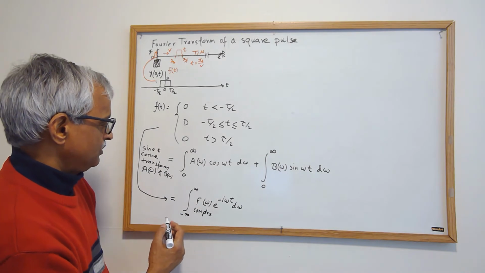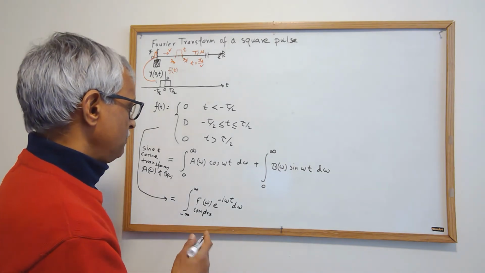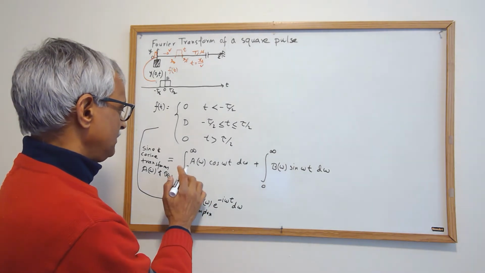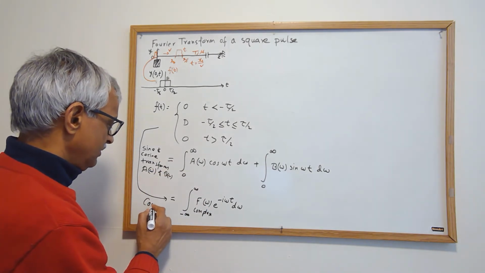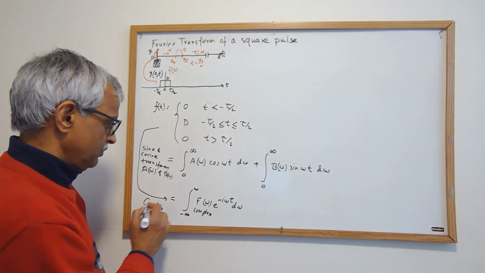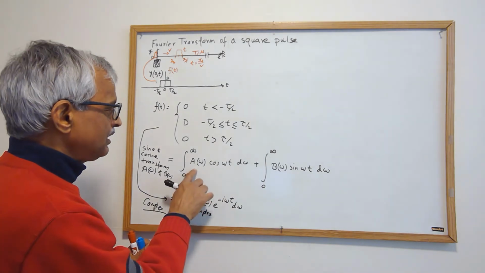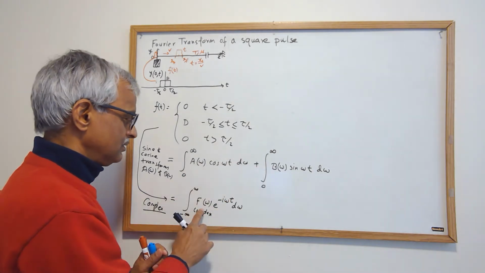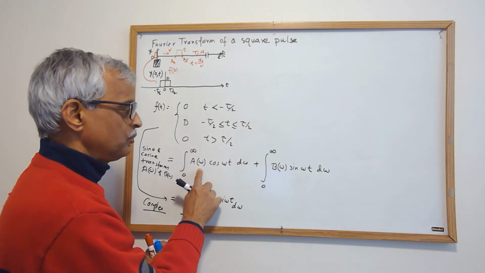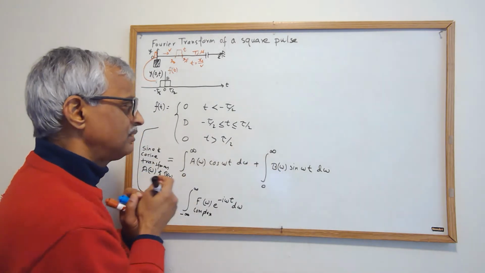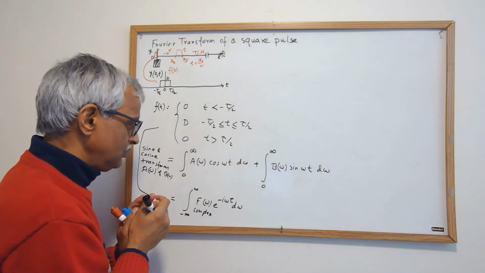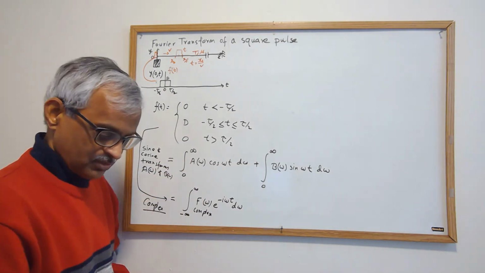This is a complete description if I know what these are. If I know a of omega and b of omega, then I already have everything that I need to know. So how do I do it?